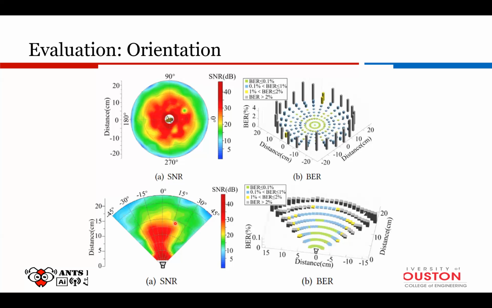For example, device A uses a frequency range from 30 to 50, and the other uses 50 to 70. They're totally different.